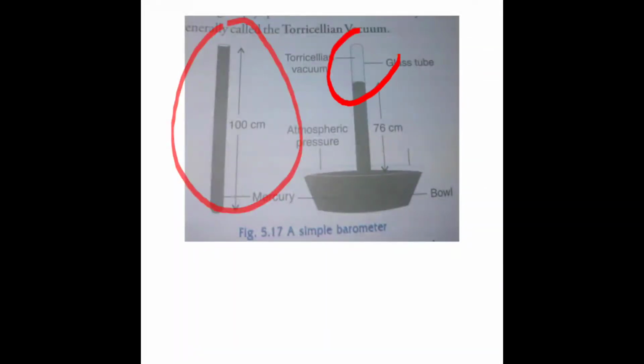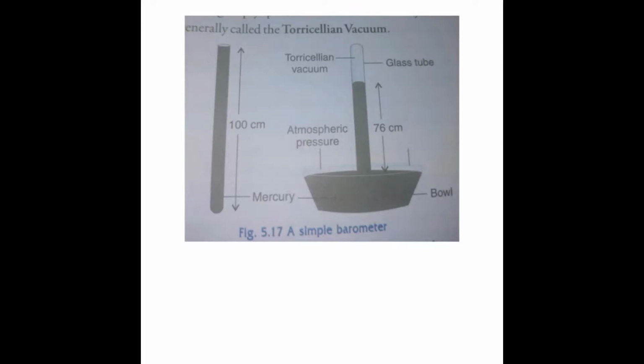Now if any vapor is created in that Torricellian vacuum, that vapor will exert pressure on the mercury and the mercury will not show the correct reading. So there will be a fault in the reading, and this is also called a faulty barometer. A faulty barometer is caused by the pressure exerted by the vapor on the top of the mercury in the test tube.